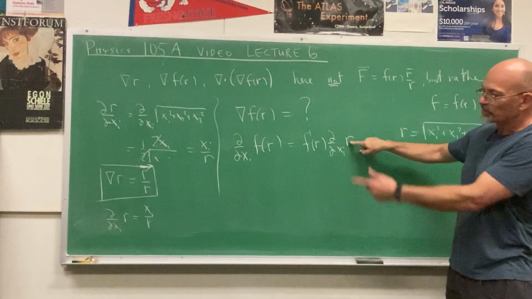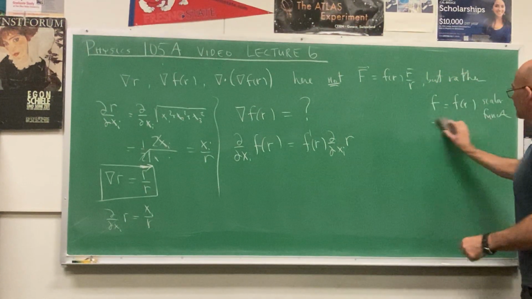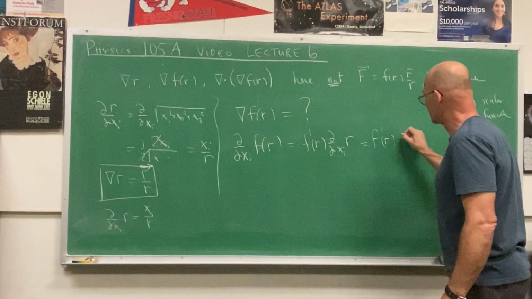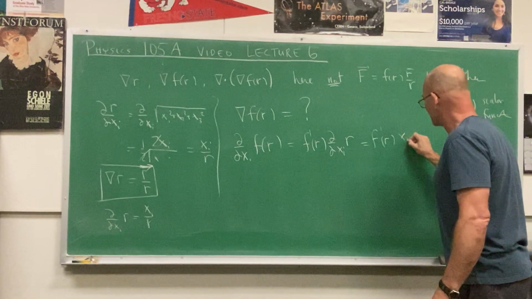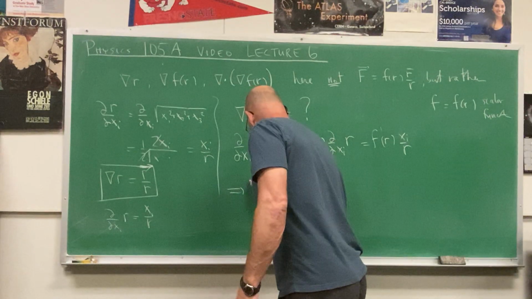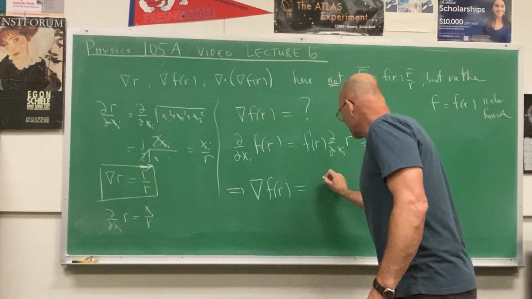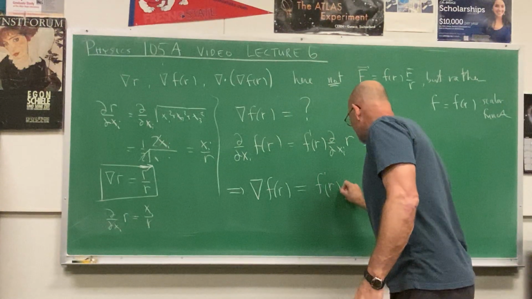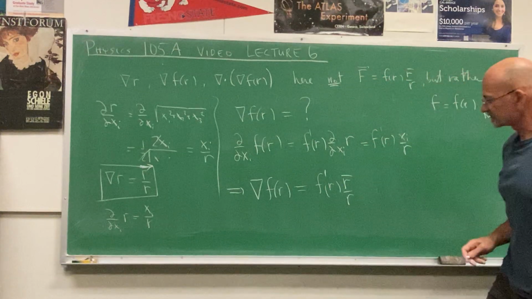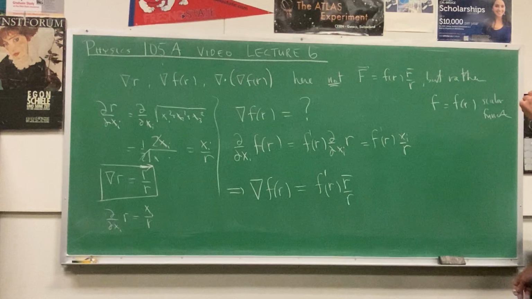We know this one because we just did it. So it equals f prime of r times x sub i over r, and therefore for the gradient we have f prime of r times this unit vector. This is useful and comes up all the time.